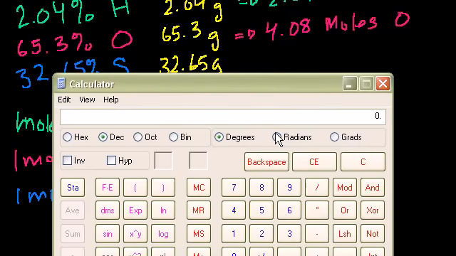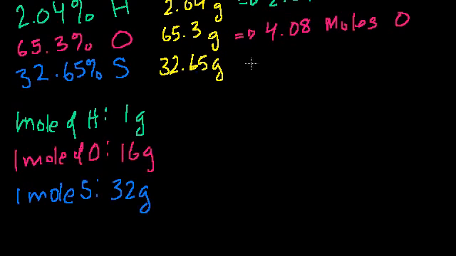We have 32.65 grams of sulfur, and we divide by 32 grams per mole. We have 1.02 moles of sulfur.